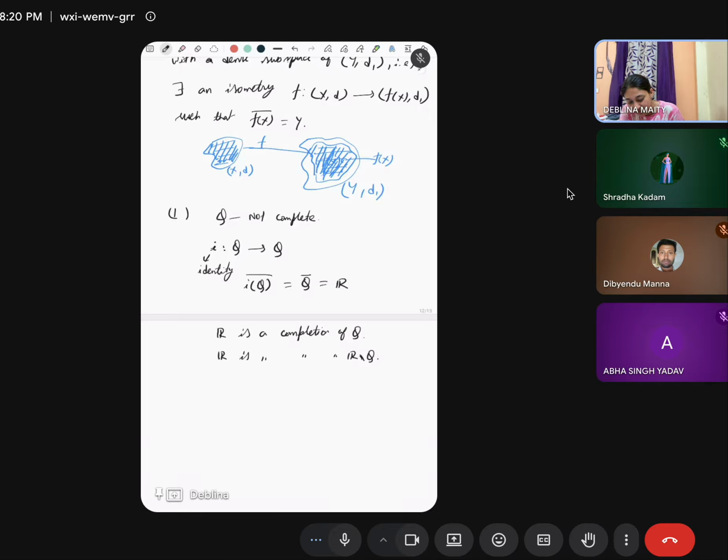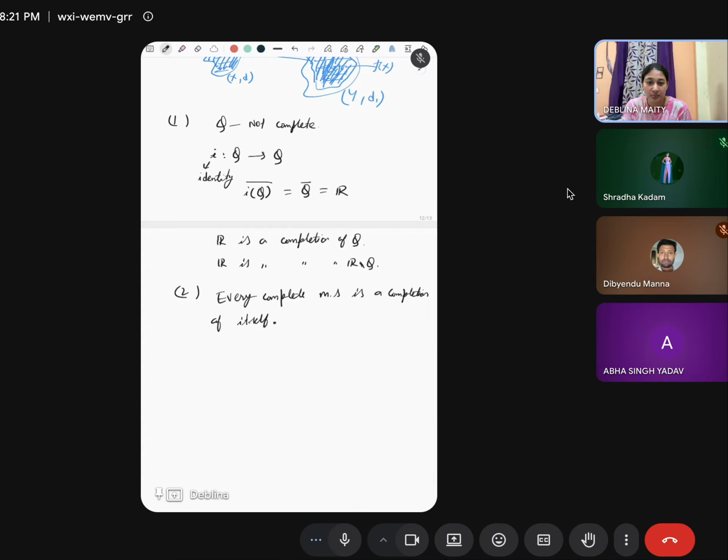And if the space is complete, then the completion will be the space itself. So every complete metric space is a completion of itself under the identity mapping.